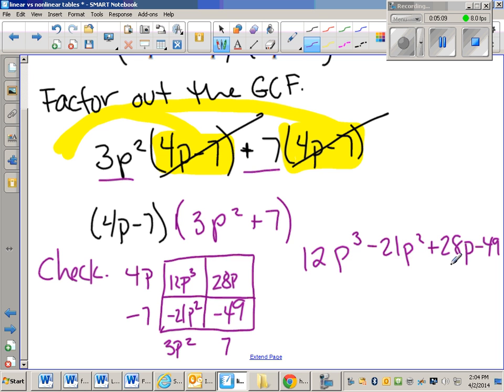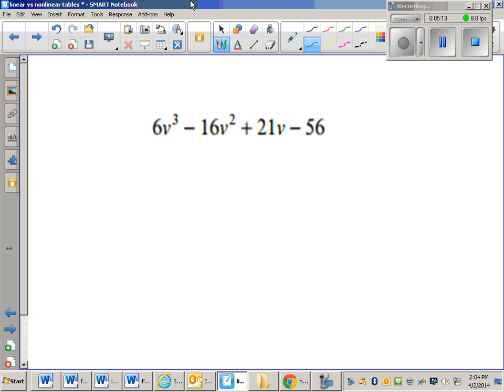So let's do another one together. So first thing I'm going to do is group two binomials like this. And I'm going to pull out the GCF, or the greatest common factor, out of each parenthesis. So this guy, I could pull out, what, a 2v squared, which would leave me with 3v minus 8.